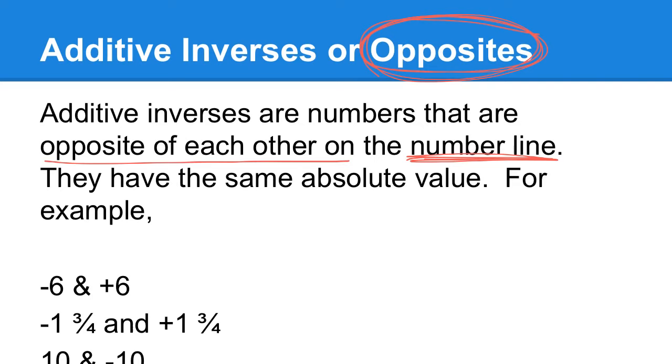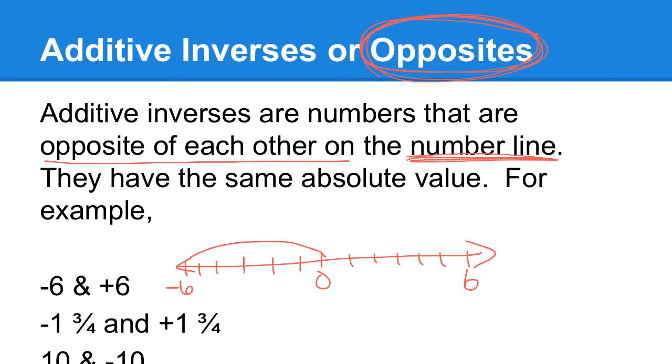So for example, this -6 and +6, those are opposites because if I drew my number line, 1, 2, 3, 4, 5, 6, and -1, -2, -3, -4, -5, -6. They are the same distance away from 0, but on opposite sides of the number line. -1 3/4 and +1 3/4 are opposites or additive inverses, and so are 10 and -10.